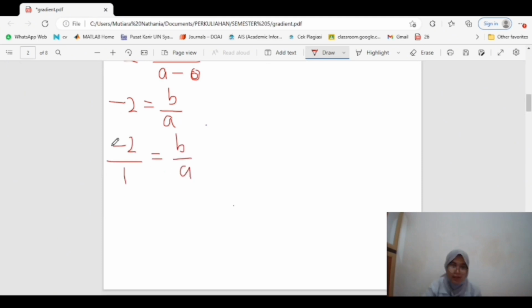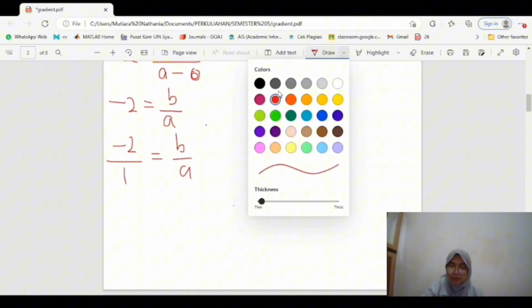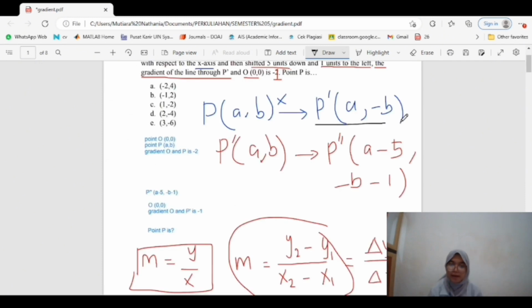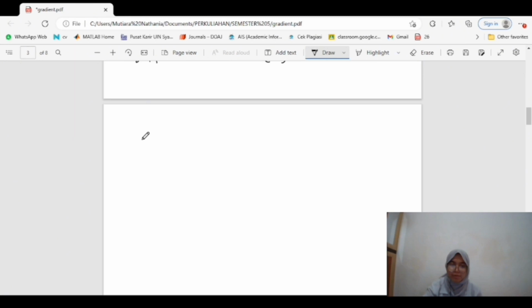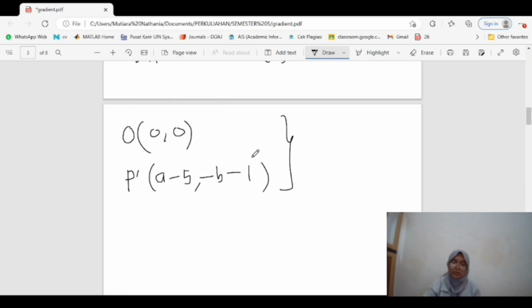Next, we can cross multiply, so b equals negative 2a. Then the image point is (a - 5, -b - 1), and the gradient of the image point is negative 1.